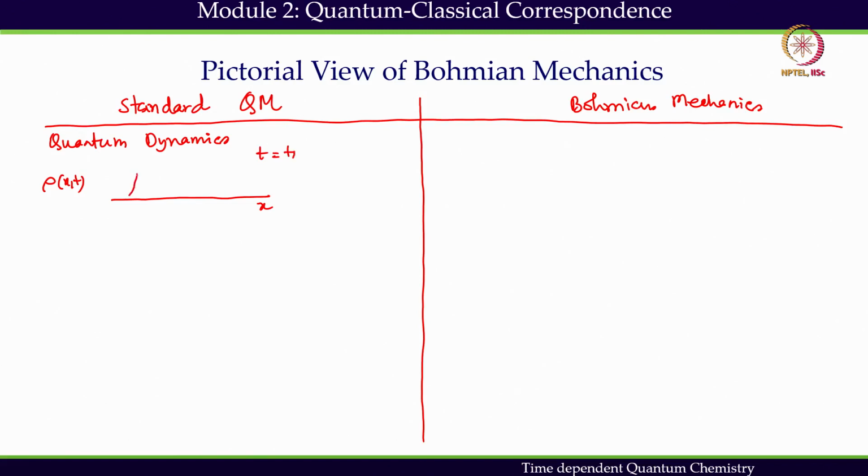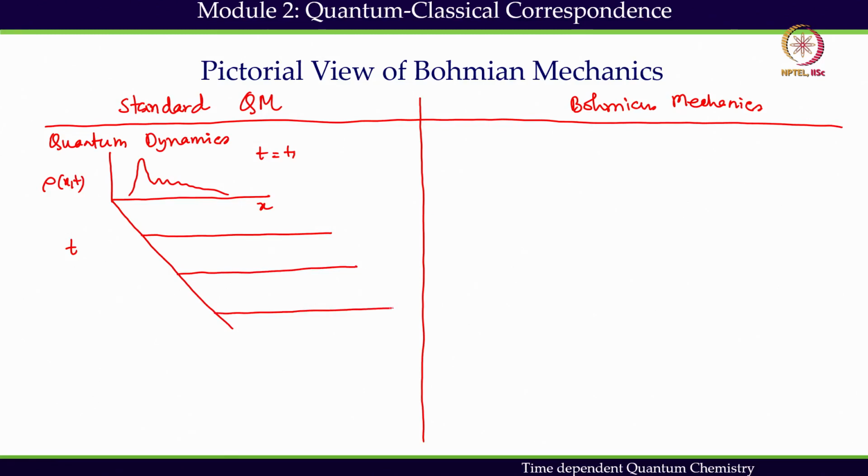Let us say I have this density, and this is the time axis. So, at different times I can plot how the densities would look like.